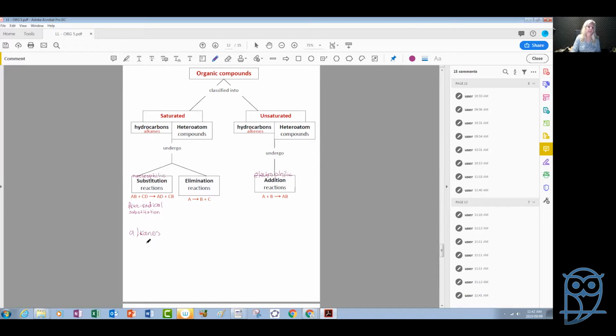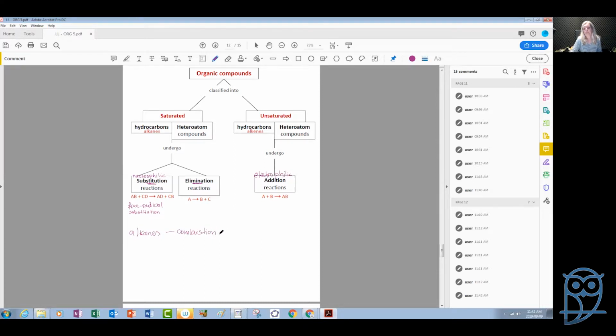that can happen to all the organic compounds. But in terms of us knowing the mechanisms of the particular reactions that they undergo, they are the substitution and the elimination reactions. Now, alkanes in particular undergo combustion reactions, which can be either complete or incomplete, depending on how much oxygen we have available in which they burn.